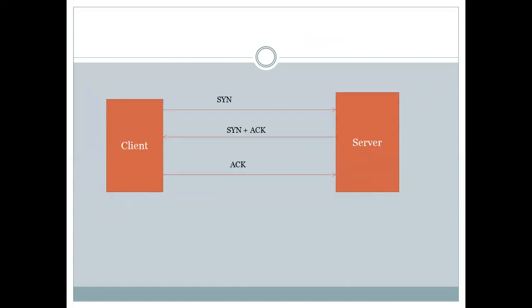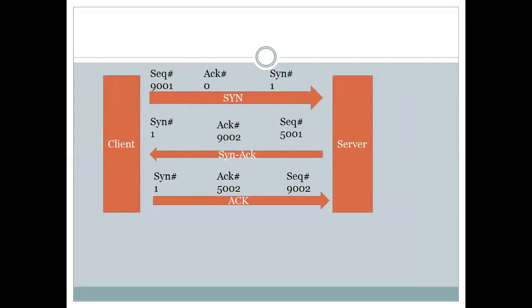Here is the pictorial information representing the steps of the TCP three-way handshake process between client and server. First, the client sends the SYN message to the server, then the server reverts back with SYN plus ACK. Once the client receives the SYN-ACK message from the server, it reverts back to the server with an ACK. After these three steps, the connection gets established and the data can be transferred over the TCP/IP network.